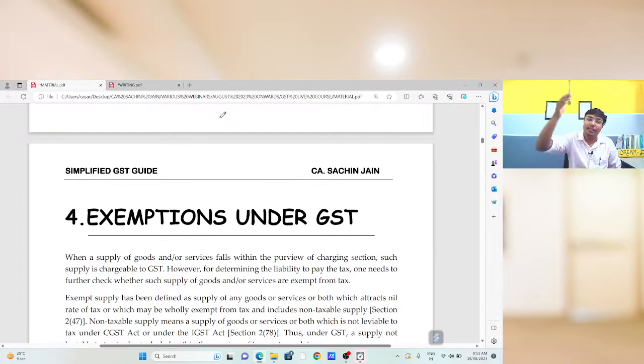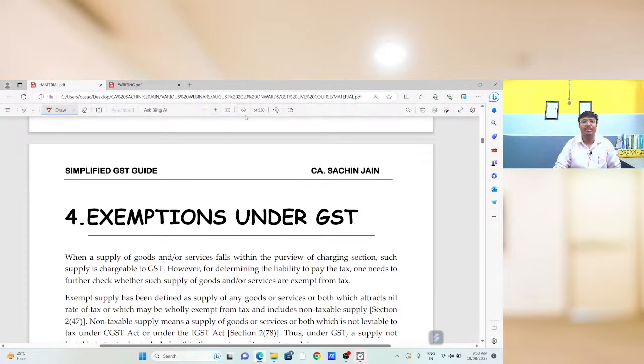So we are going to first discuss the complete provisions, the complete law of GST. After that, we are going to discuss the exemptions part, practical return filing and litigations, certain case studies, certain notifications, and also the drafting techniques. We are going to discuss each and everything step by step.